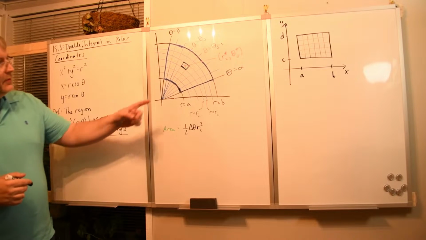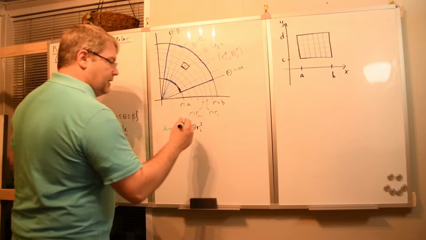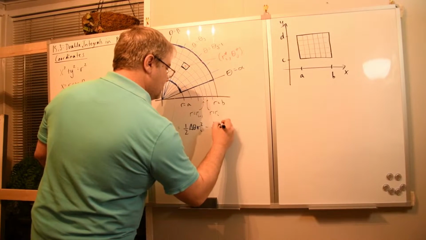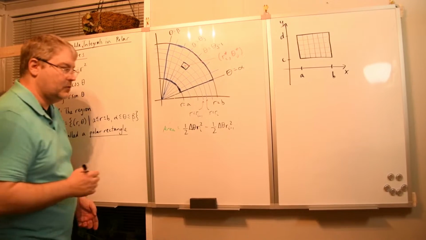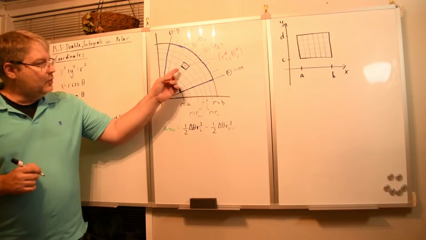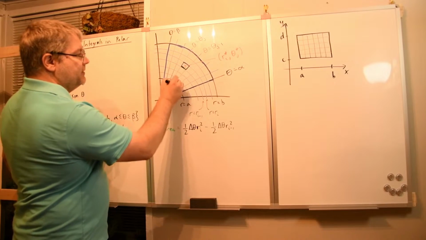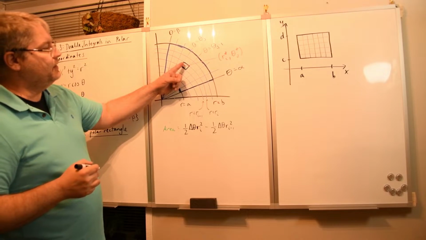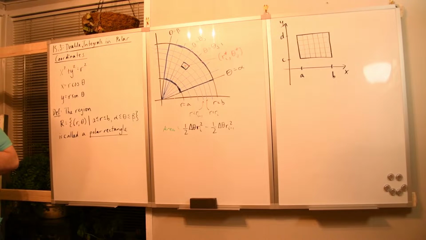And so we would say, well, this particular sector has an area equal to 1/2 delta theta times r sub i minus 1 squared. So this subtracts away the extra area from this outer sector that we really don't need, and it leaves us with the area of that little subregion. And so that really works out well for us.